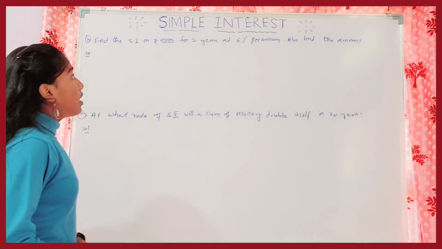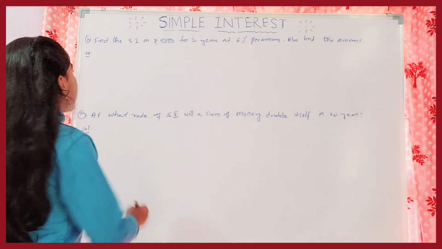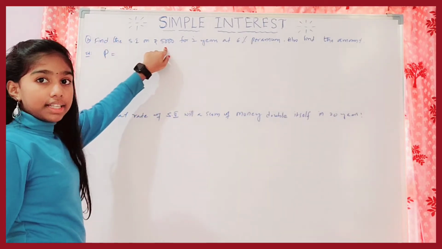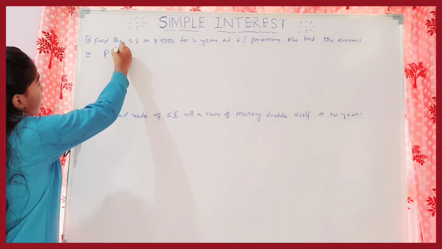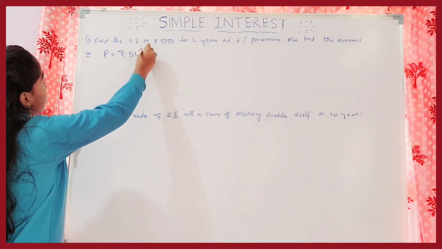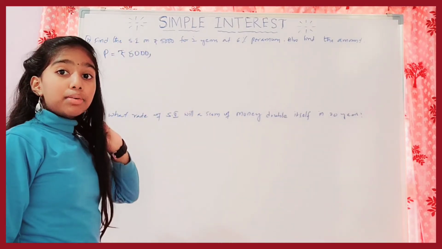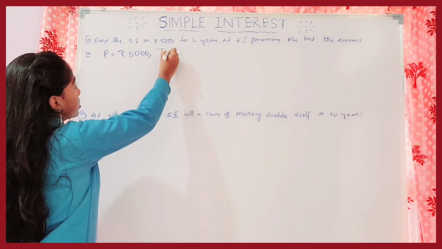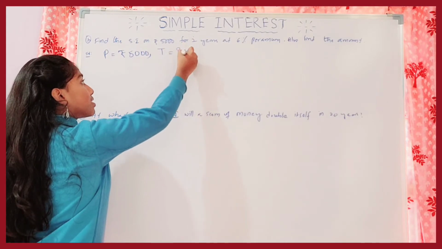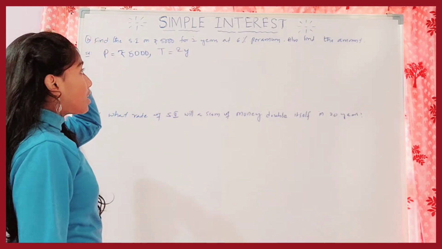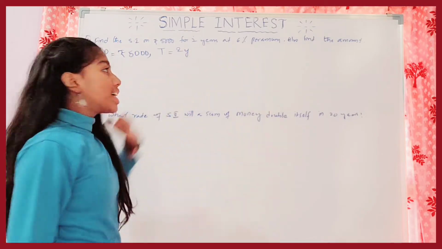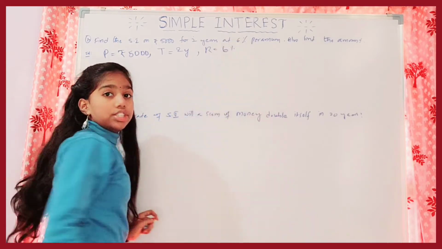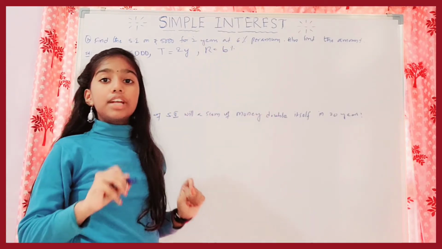Here the principal is given, P is equal to 5,000 rupees, and the time is also given, T is equal to 2 years. Next is the rate, R is also given, that is 6% per annum, P.A.